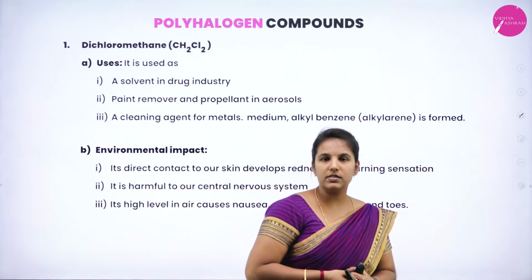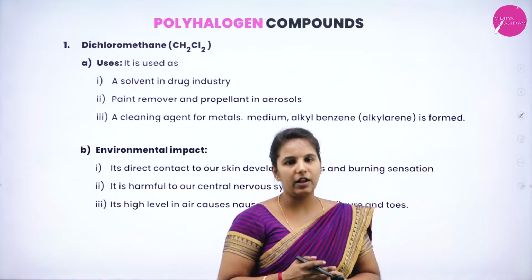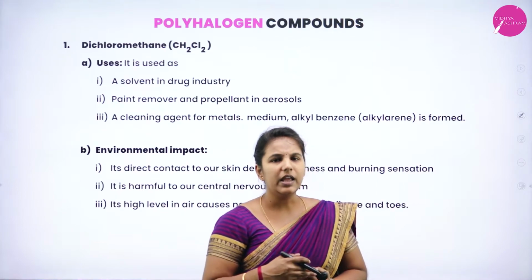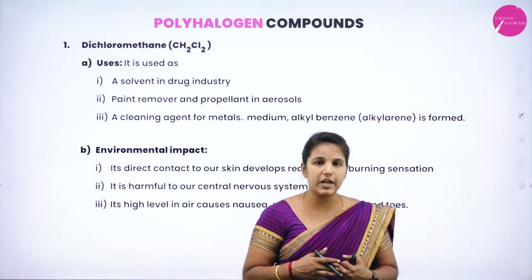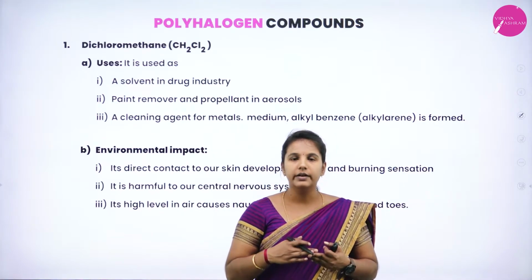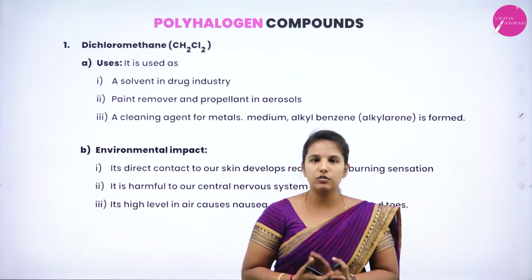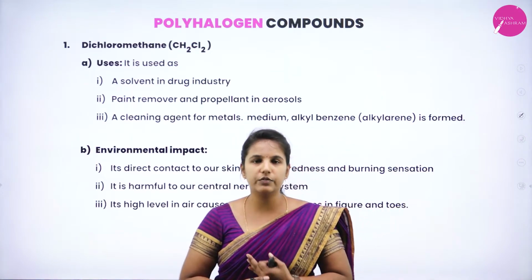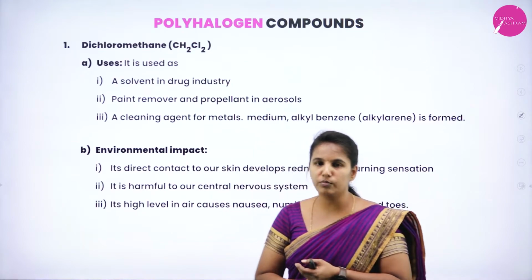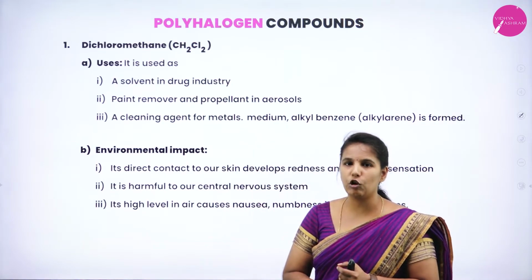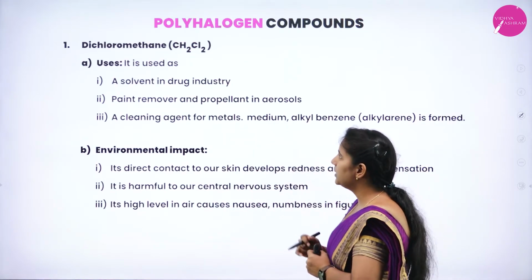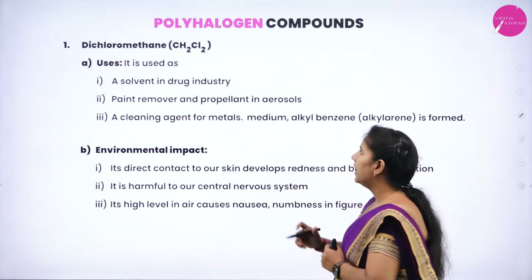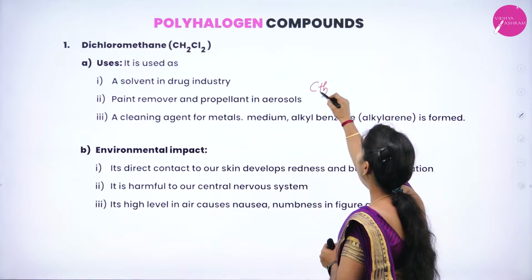Okay. Next we have polyhalogen compounds. So till now we have studied haloalkanes and haloarenes. We need to understand that if a larger number of halogen atoms are attached to the carbon chain, we say they are polyhalogen compounds. We'll discuss a few of the polyhalogen compounds and their uses as well as their environmental impact. The first one is dichloromethane and the formula is CH2Cl2.